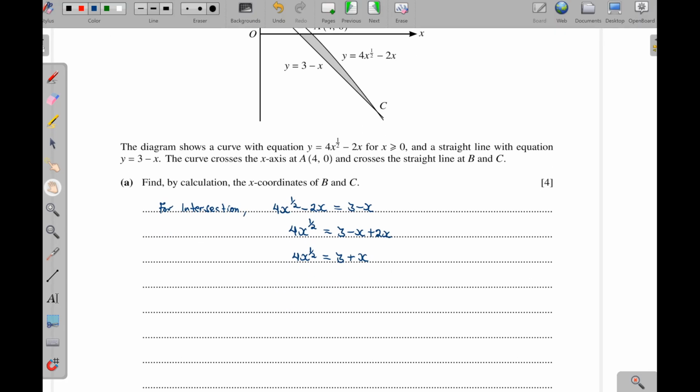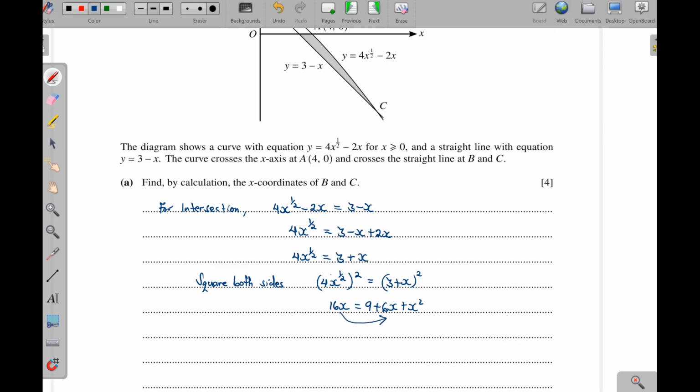Then we can square both sides to do away with the square root sign. So you have 4x to the power of a half, we square it, and this will be equal to 3 plus x, and we also square it. So that means we shall have 16x here, then square the 3, that will be 9, plus 2 times 3 times x, that will be 6x, and then square the x, that will give us x squared.